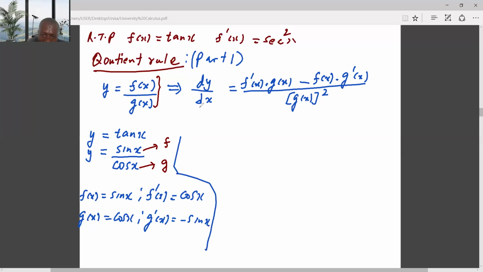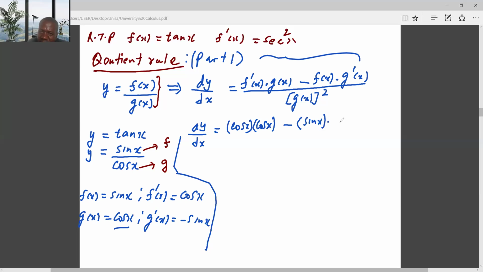So now we'll substitute this. We're going to say dy over dx. Now we're using the quotient rule. What is f prime x? f prime x is cos x. What is g of x? g of x is cos x again. Minus f of x. f of x is sine x.